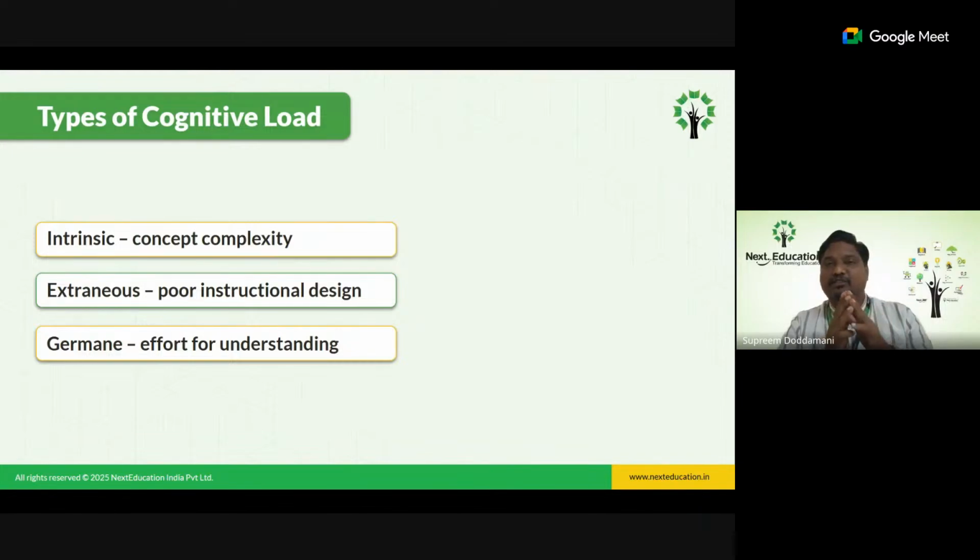That is, there is not much explanation; what has to be explained is explained to the point, right? Now high intrinsic means where we try to elaborate many topics, where the students get confused. Example, the chemical reaction. In a chemical reaction, we need to explain reactants, products, energy change, conservation of mass.